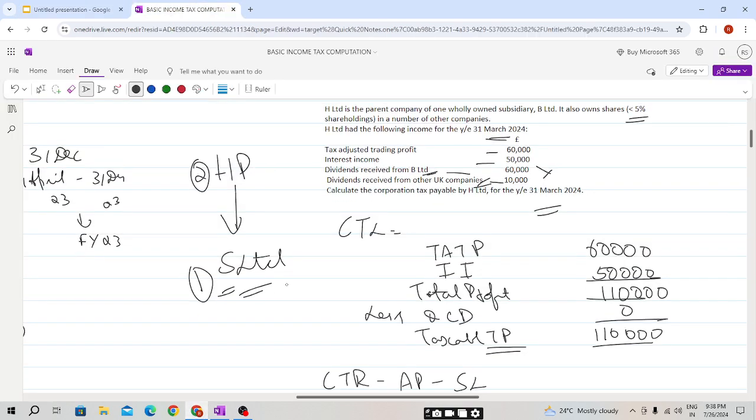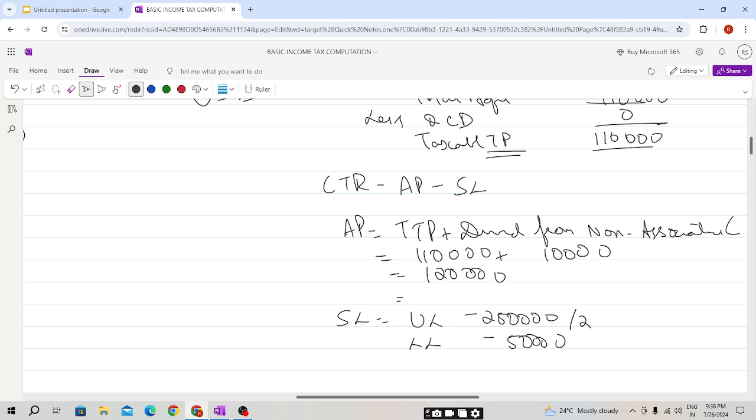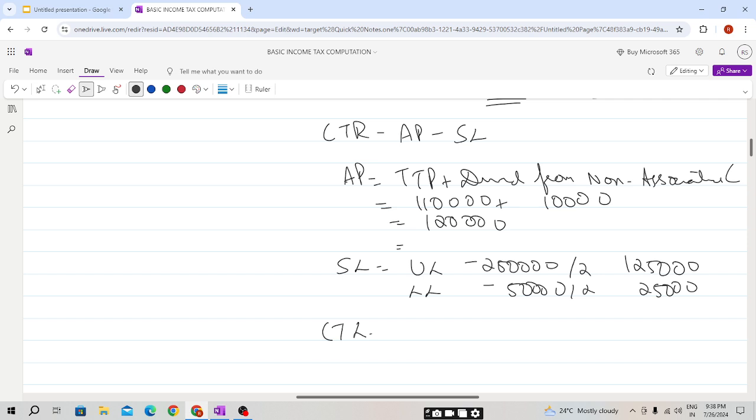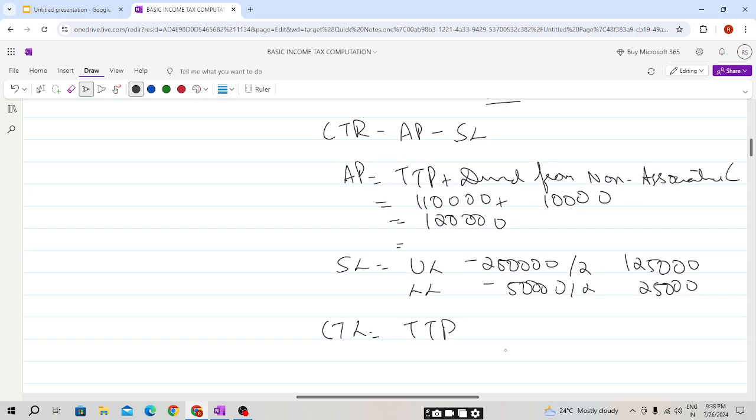So parent plus subsidiary, 2 associated companies, so divided by 2, this will be 125,000 pounds, and this will be 25,000. And students, the augmented profit is 120,000, and this is within the limits. So within the limits means corporation tax liability will be payable on the TTP, that is 110,000 pounds into main rate less marginal relief. So this will be, students, 27,500 less marginal relief.